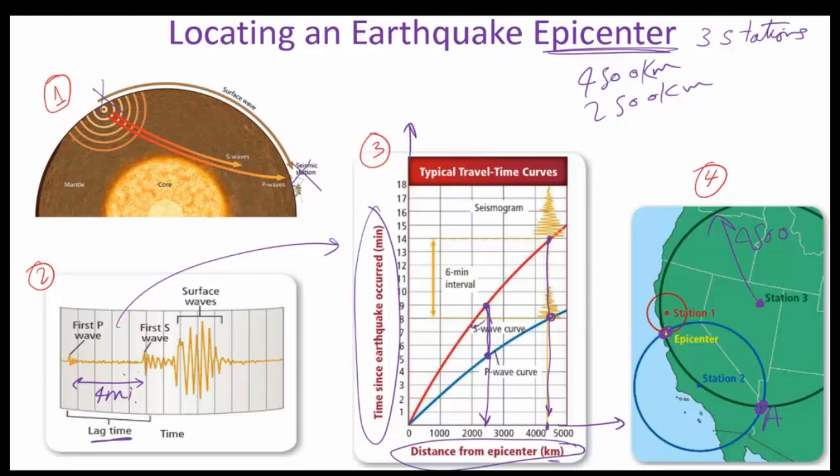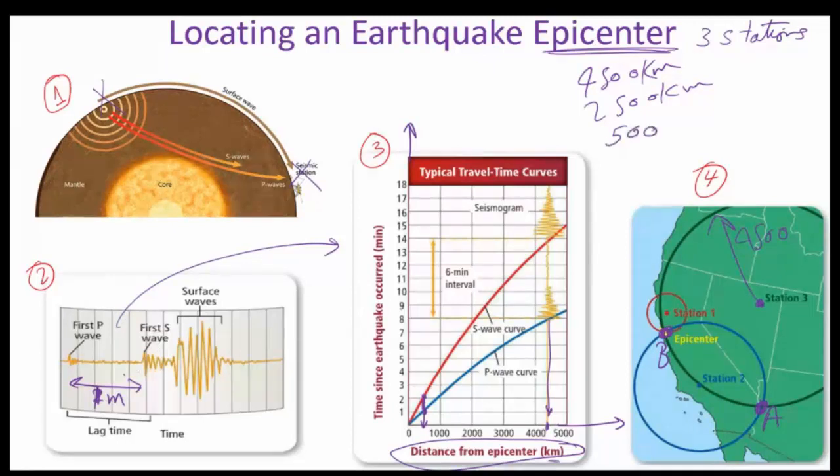So it's either point A or point B. So we need another station to ensure the location. The third station will measure the lag time. Let's say they measure 1 minute. They will go to the 1 minute here. This is the 1 minute. And they will measure the distance, 500 kilometers.